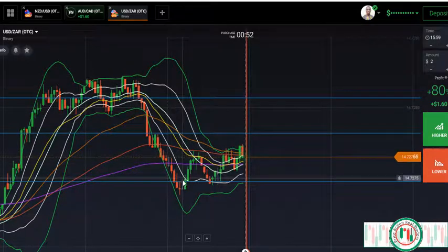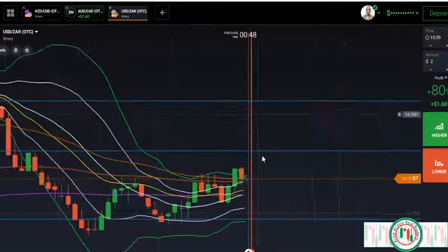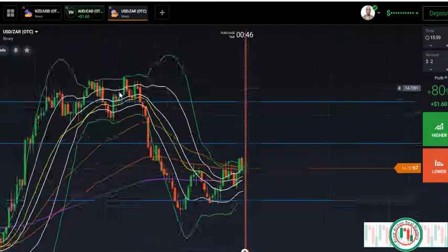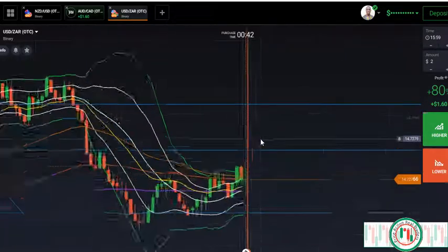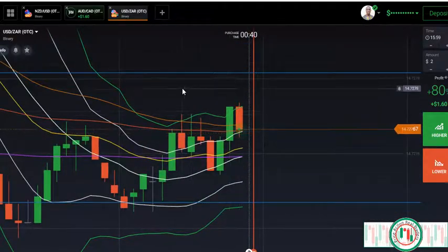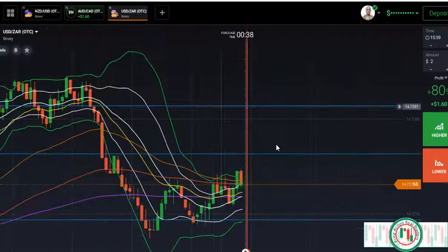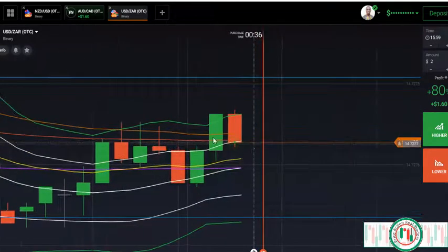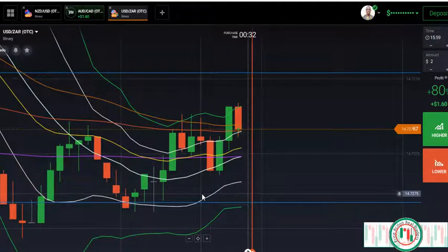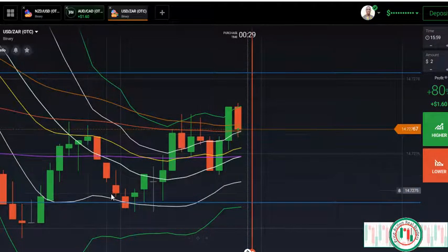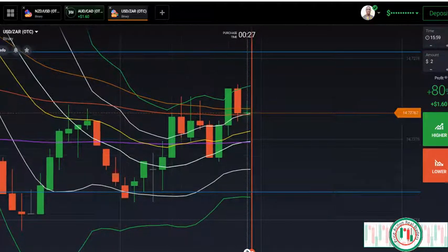This is a downtrend. Market is trying to range. Yes, maybe on the next candle I can place my trade, but it's too bad. No problem. Strong sellers.